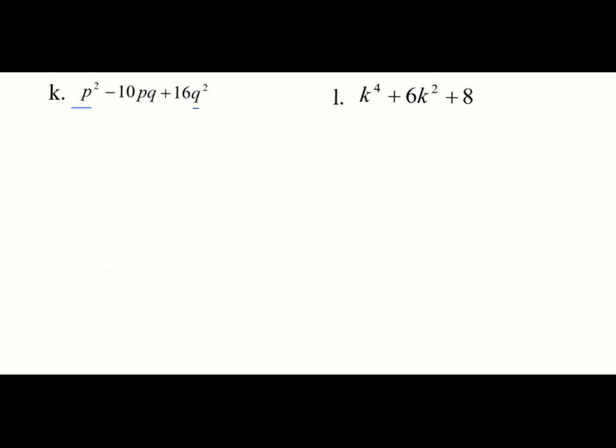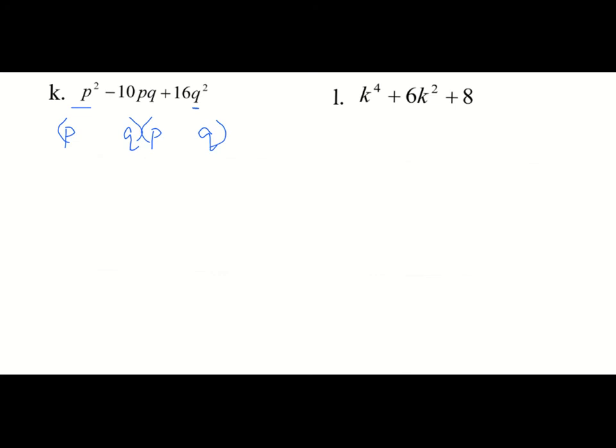So again, when I go to factor this, there's no greatest common factor, but I know I need to have p times p, so p in each of the first two terms. And on the second parts, I need a q for each, so I can have my q squared. But now I need to figure out signs and numbers for the coefficients for the q.